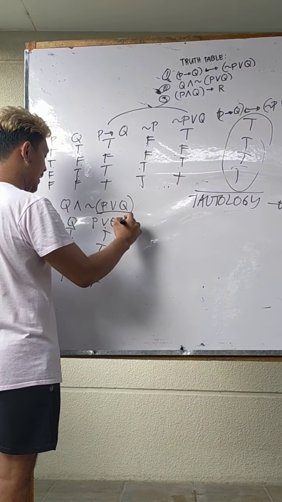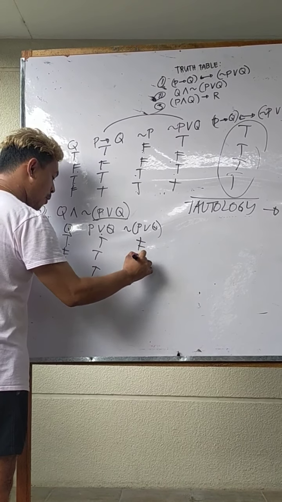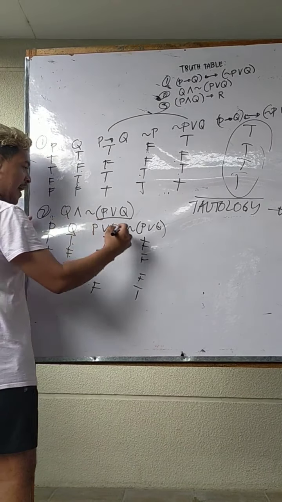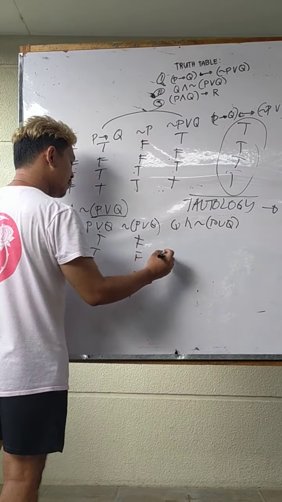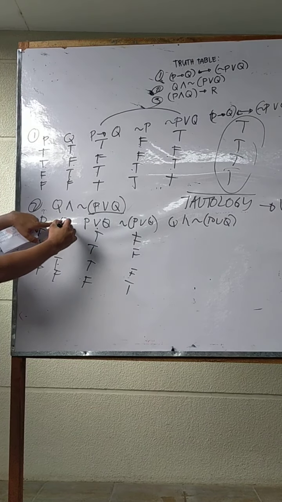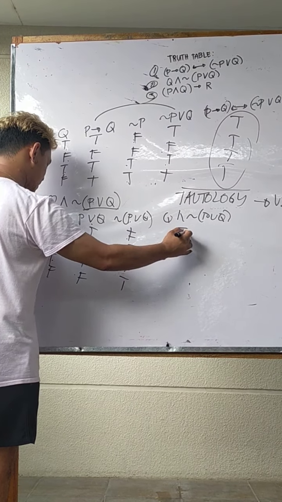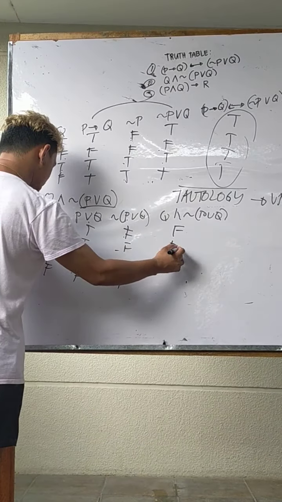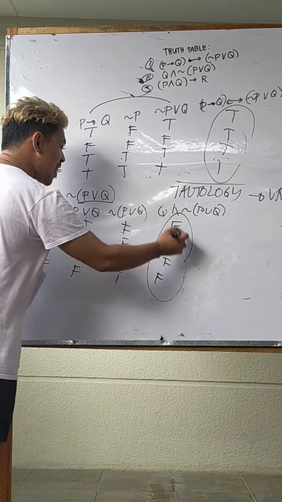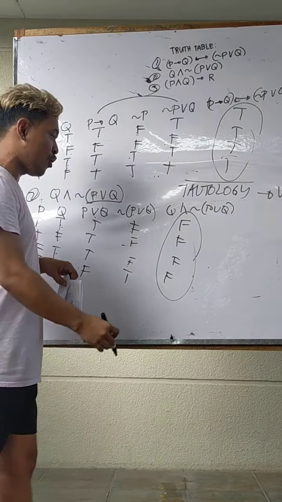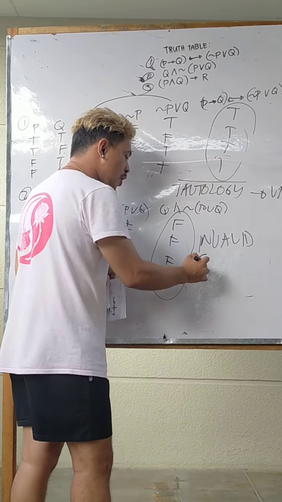Then, not P or Q gives us false, false, false, and true. Then Q and not P or Q: false, false, false, and false. All the last values are false. Therefore, that will be invalid, and that is what we call a contradiction.